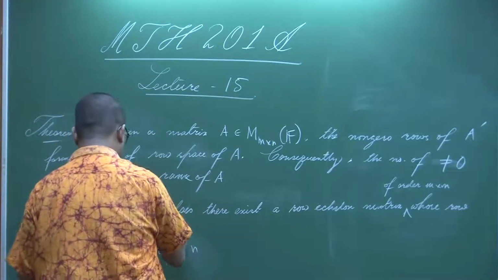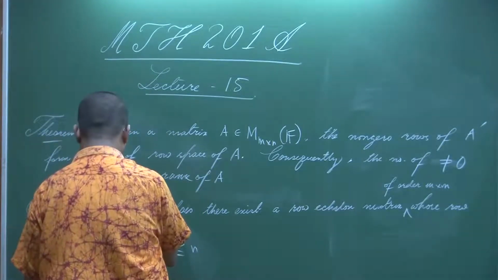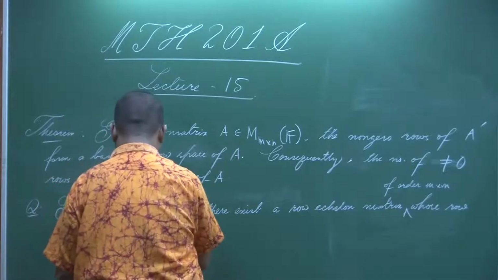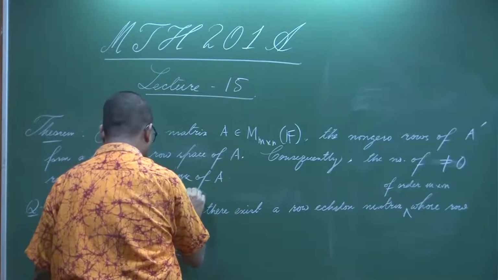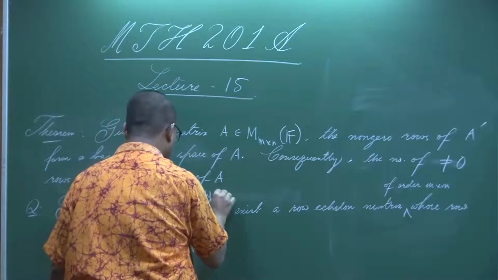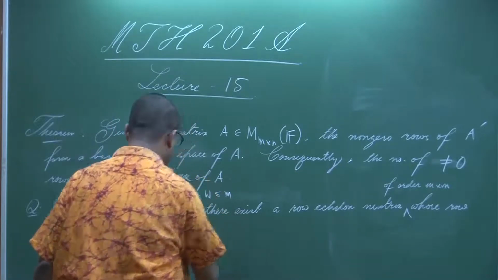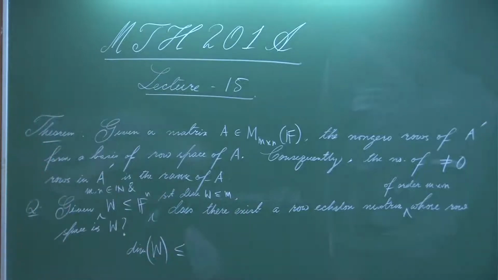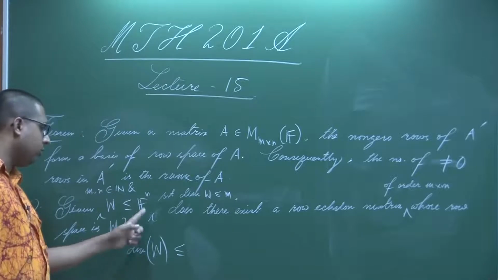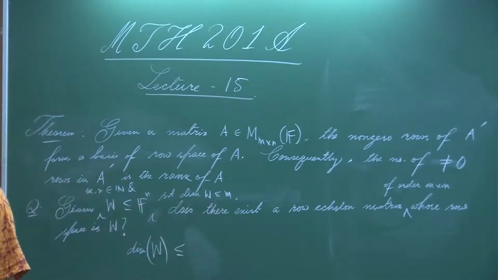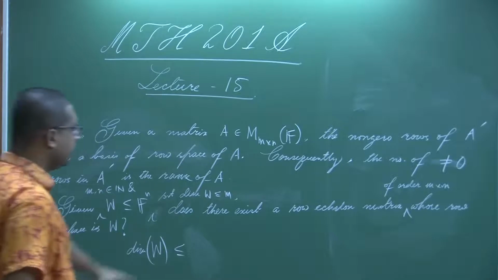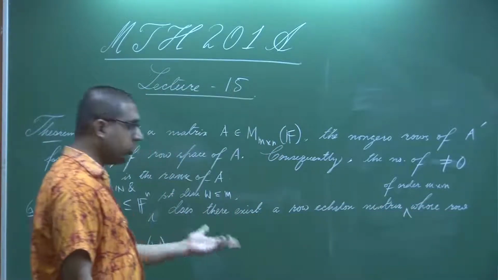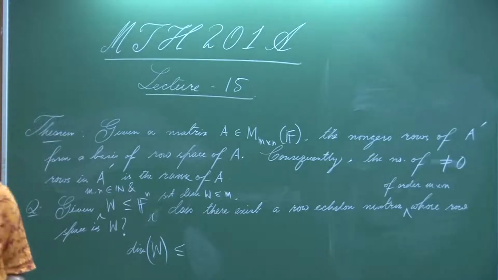So, we should further impose the restriction that, given m, n and W, the dimension of W is less or equal to m. Let me again pronounce the statement. Given two natural numbers m and n and a subspace W of Fn having dimension less or equal to m, is there a row echelon matrix of order m by n whose row space is W?